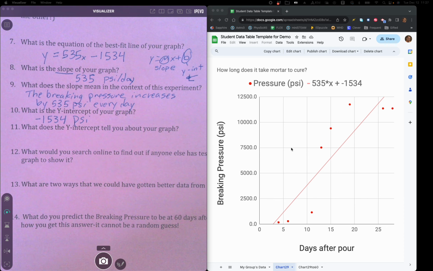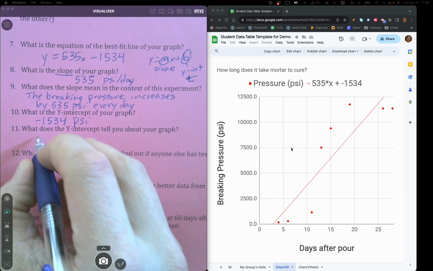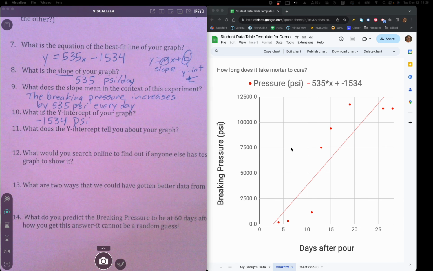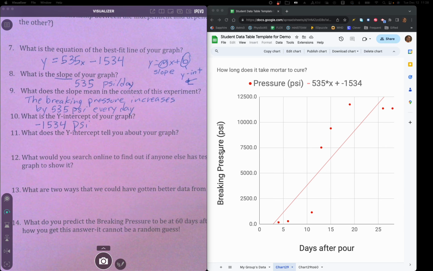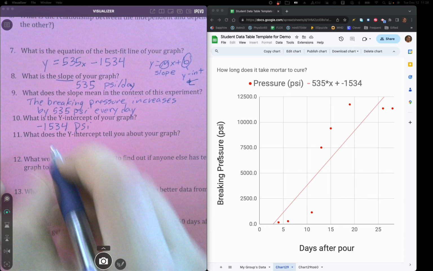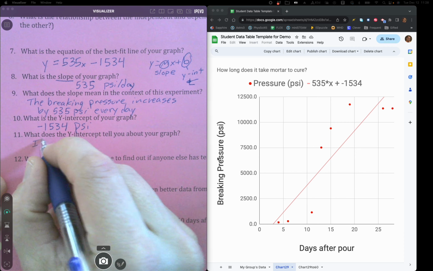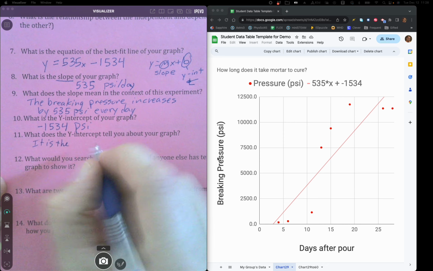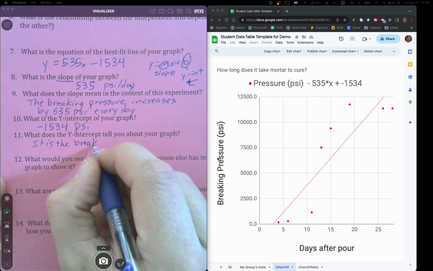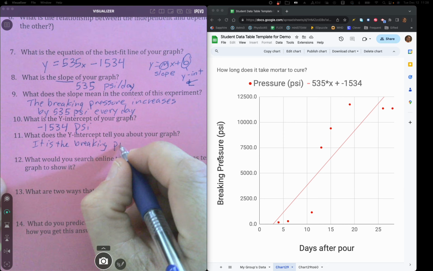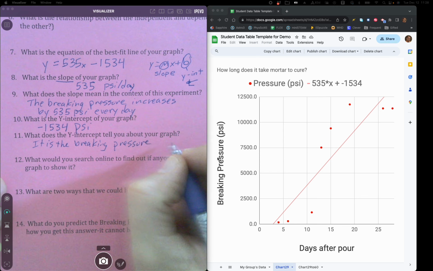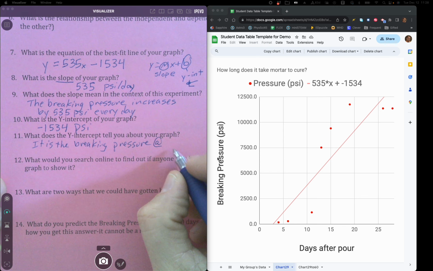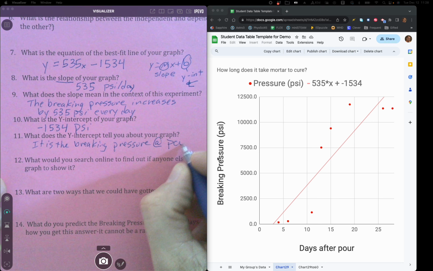Now, what does the y-intercept tell you about the graph? Well, in any graph, the y-intercept is the starting point, right? It's whatever the y is at 0 x. So at 0 days, it's the braking pressure at, whenever you poured it, right?